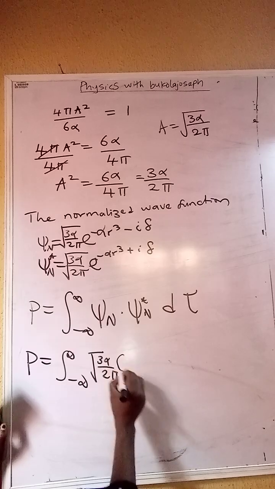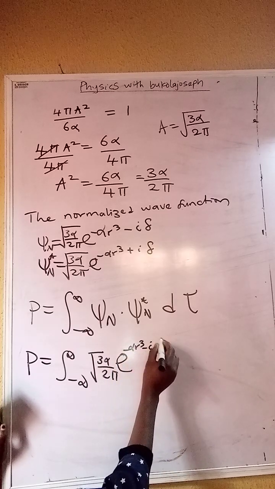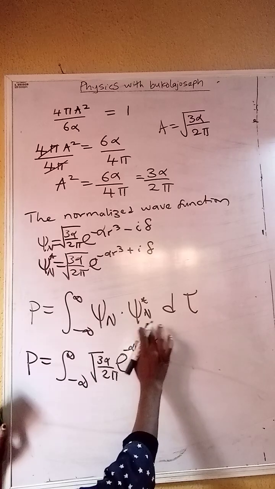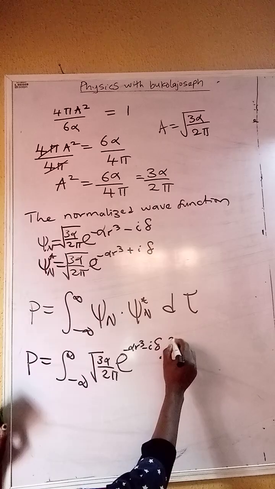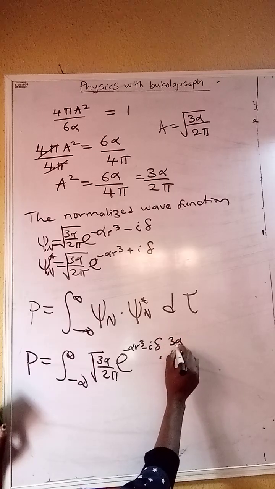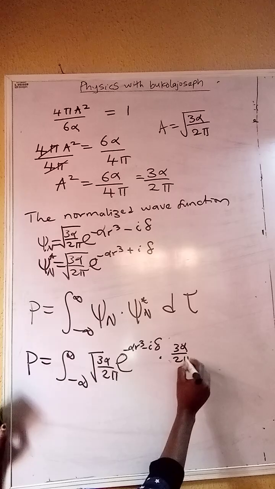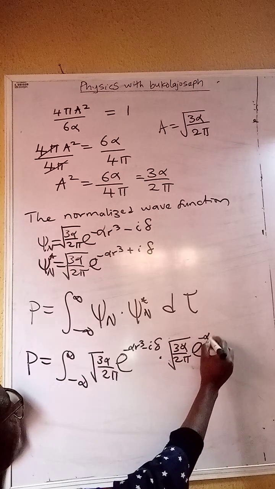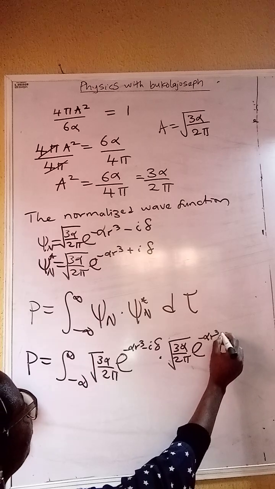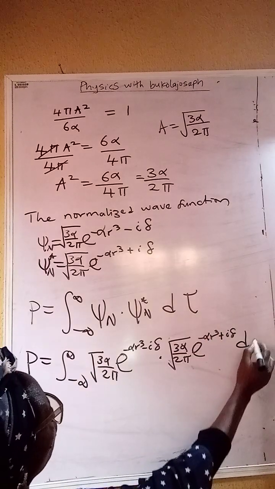This is psi, and the conjugate is what we have: the square root of 3 alpha over 2 pi, exponential of minus alpha r cubed plus i d, then d tau.